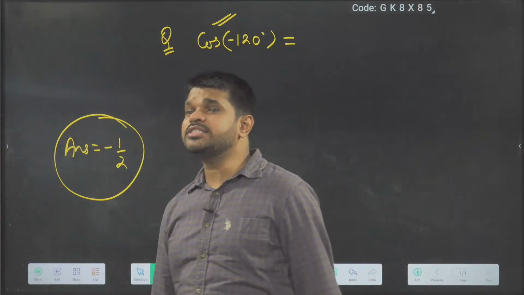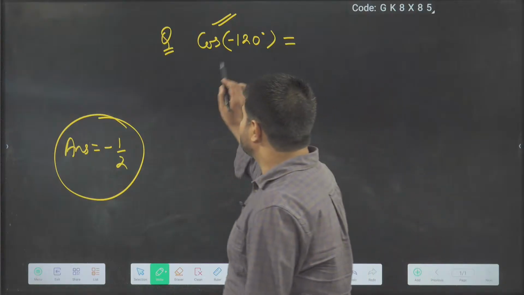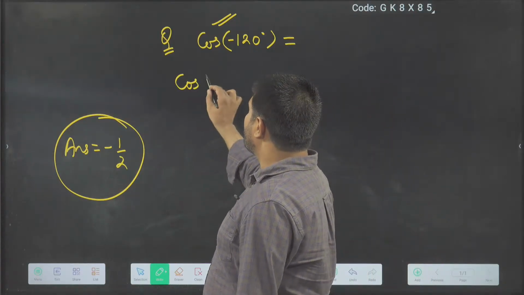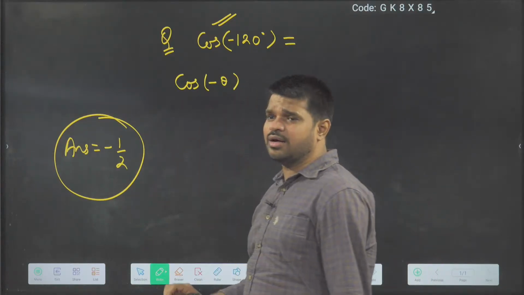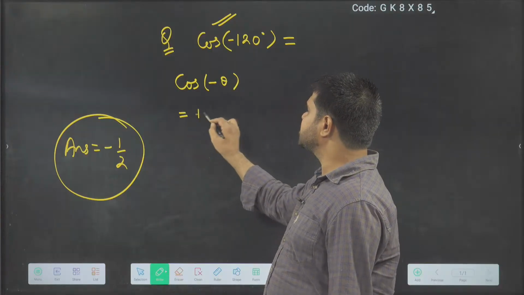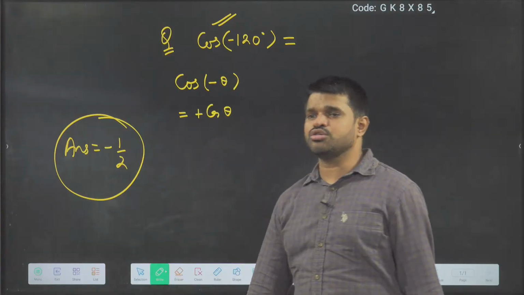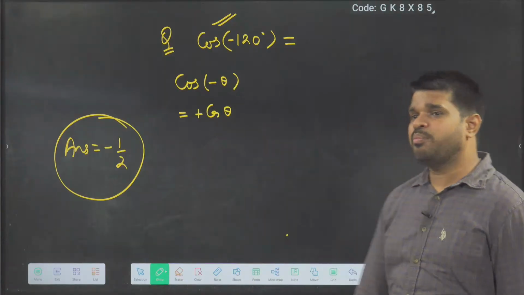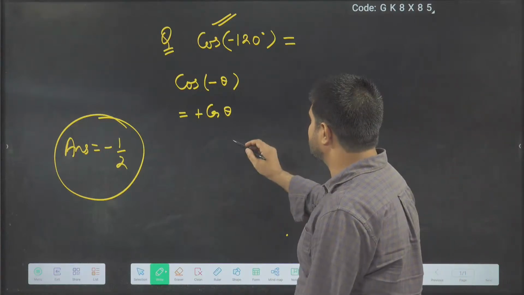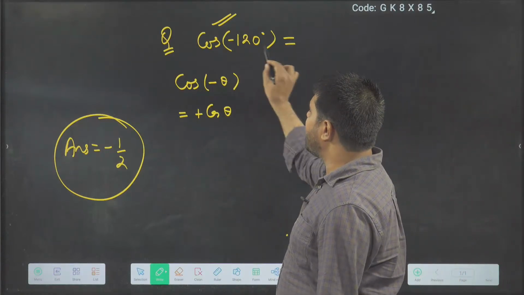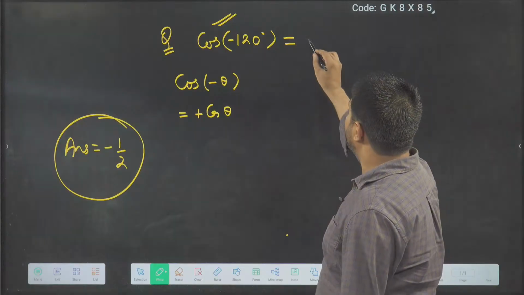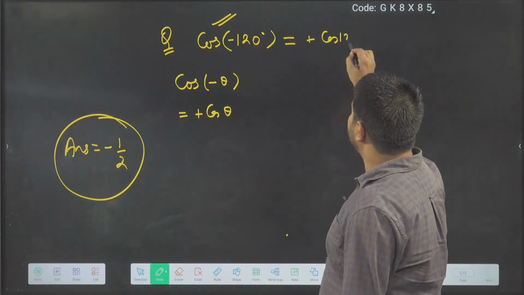Okay, so let's apply the concept. Yesterday I taught you cos of minus theta is equal to plus cos theta. So here also cos of minus 120 is equal to plus cos 120.